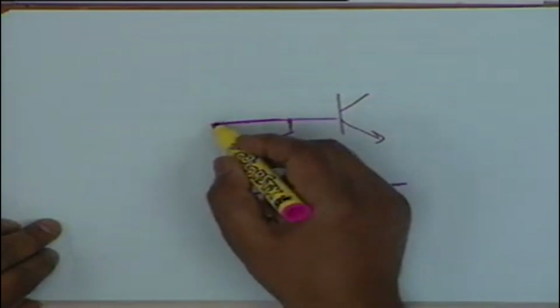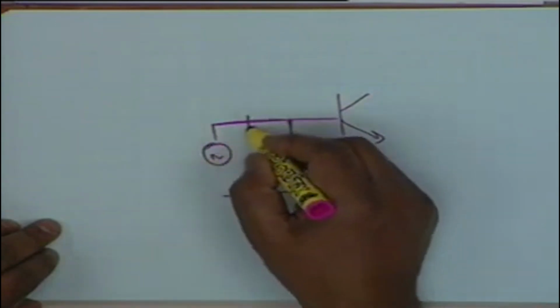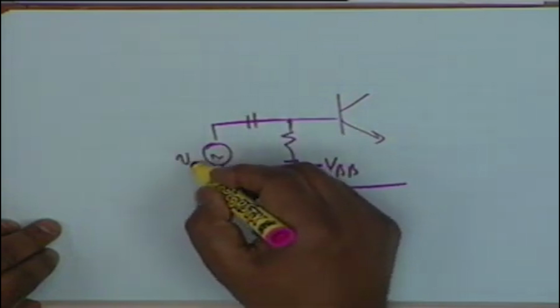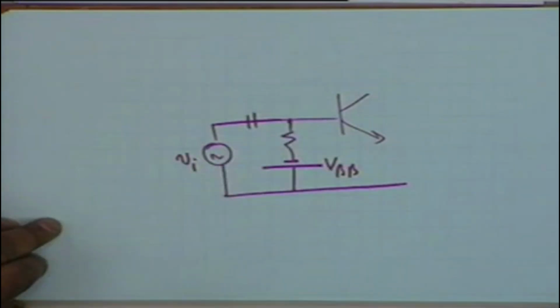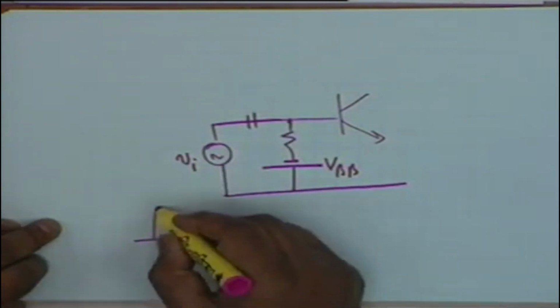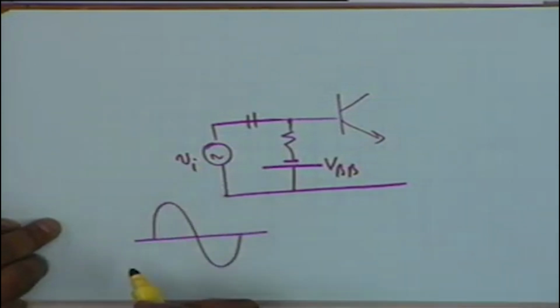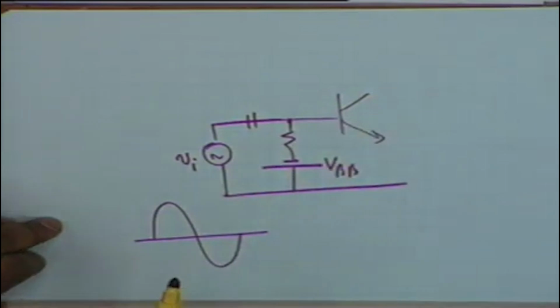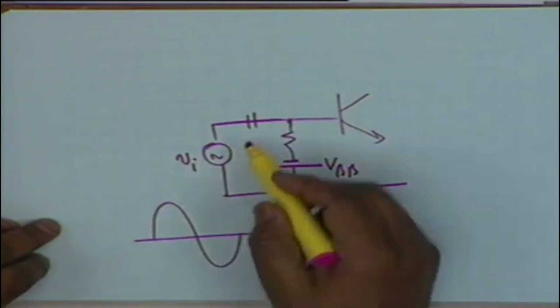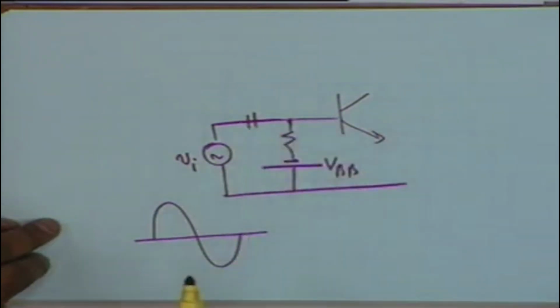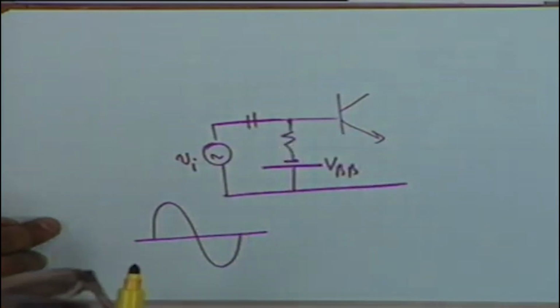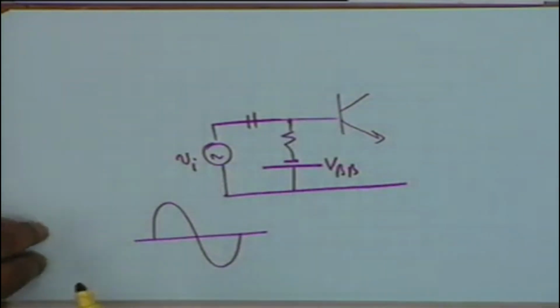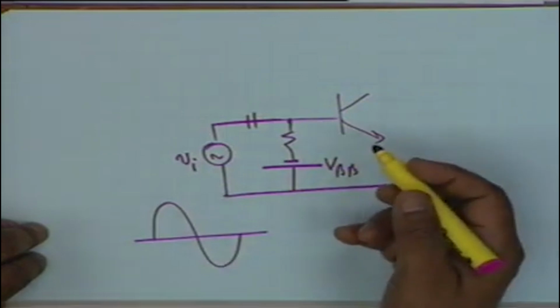Then you see, if you apply through a capacitor an input signal here which varies like this, then the transistor will conduct only when V_i exceeds V_BB by at least 0.7 volt, otherwise the transistor will not conduct.